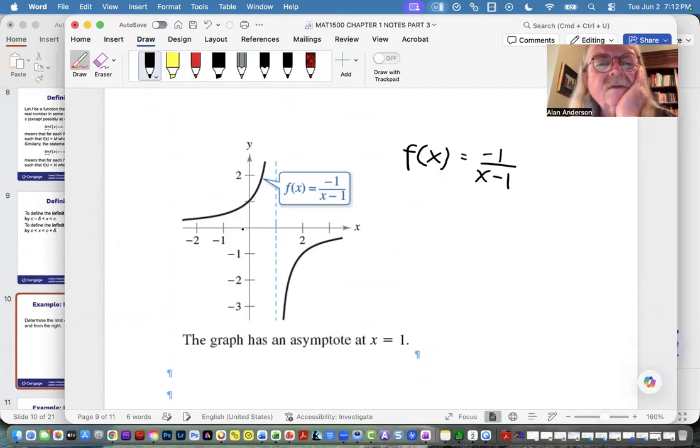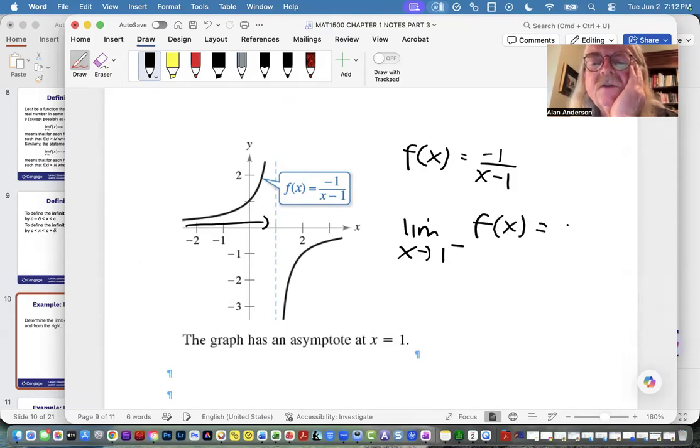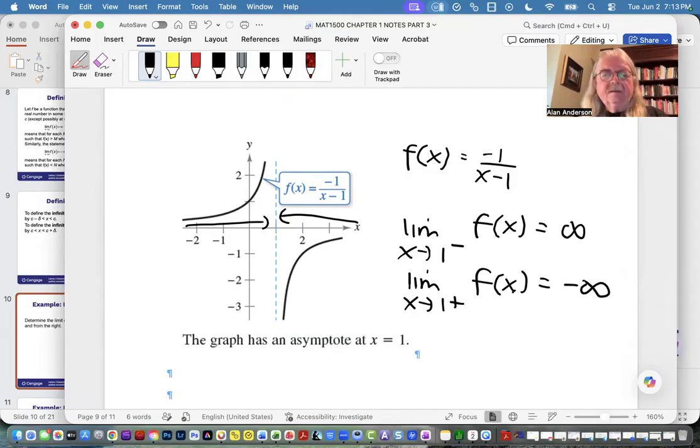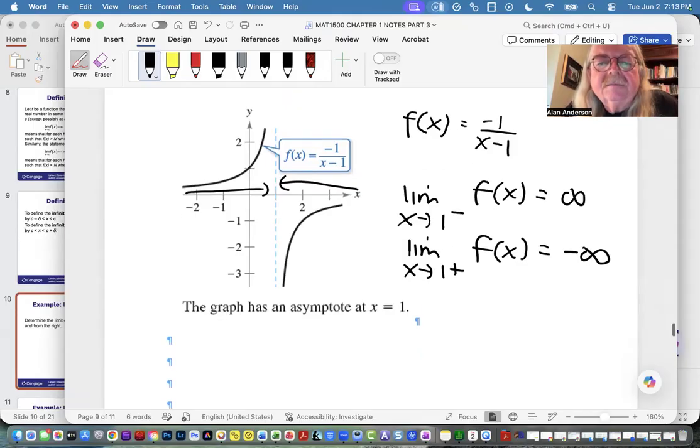And so as we approach from the left, the function gets larger and larger forever. As we approach from this direction, the function keeps getting smaller. It's just the reverse of what we had a few minutes ago. So whenever there's an asymptote, you can expect to see this kind of behavior as we get closer to it.